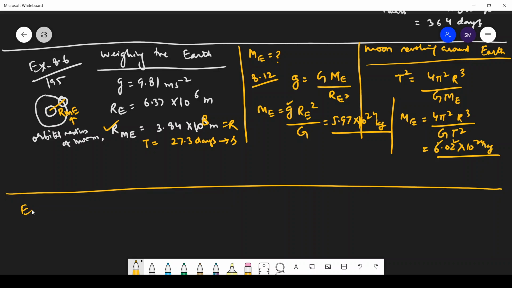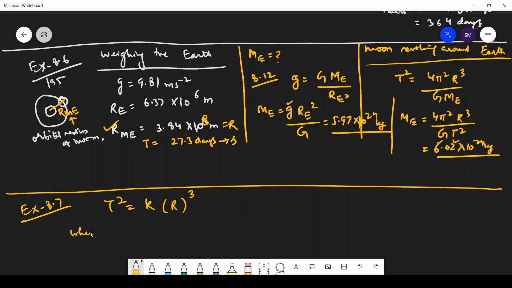Now we have the next example, that is 8.7. See, you know that in the formula of T, we have T square is equal to K into the radius of the orbit cube, right?